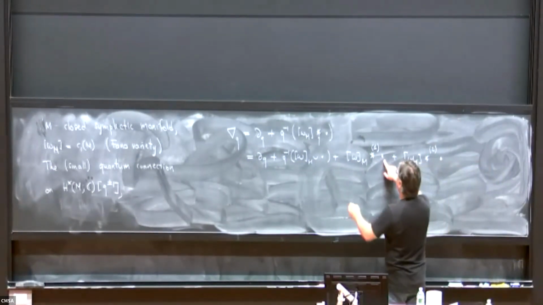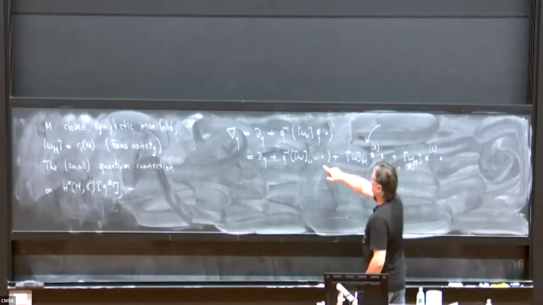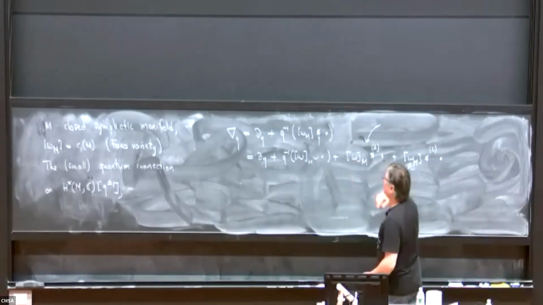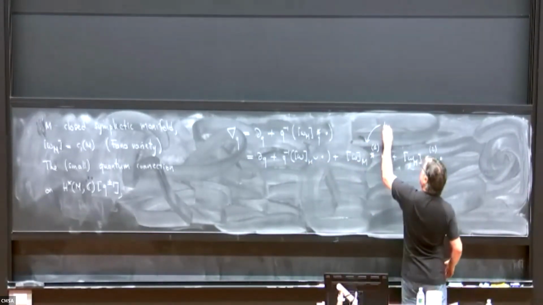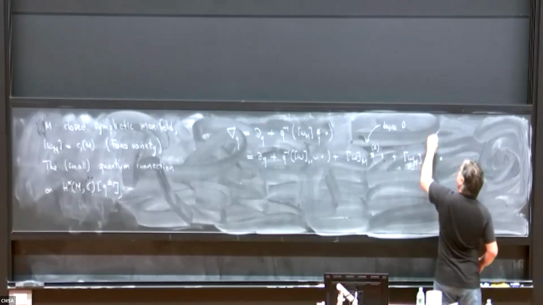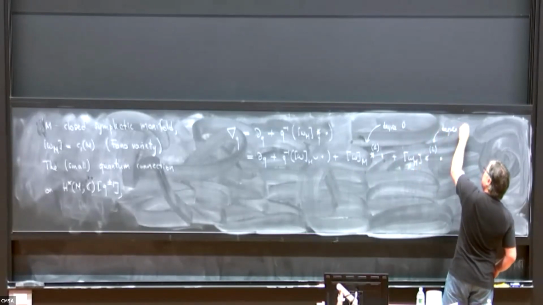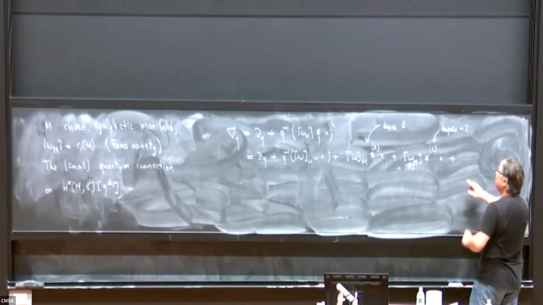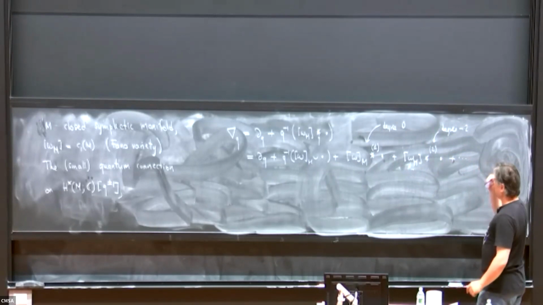Okay, and so this term here has degree 2, the cup product with the symplectic form. This has degree 0. This is degree -2. And then for simple degree reasons, it will terminate after finitely many terms.